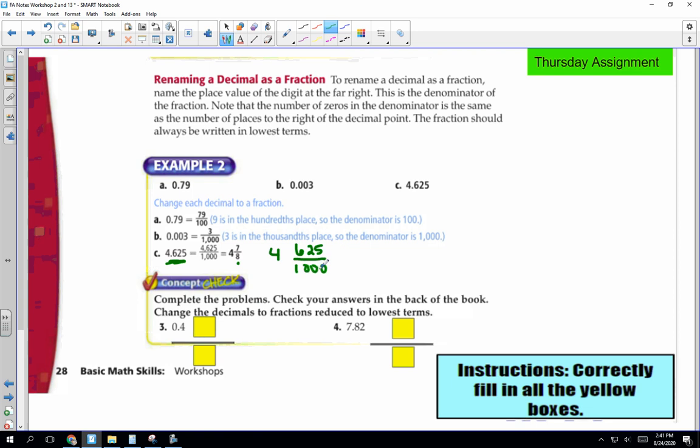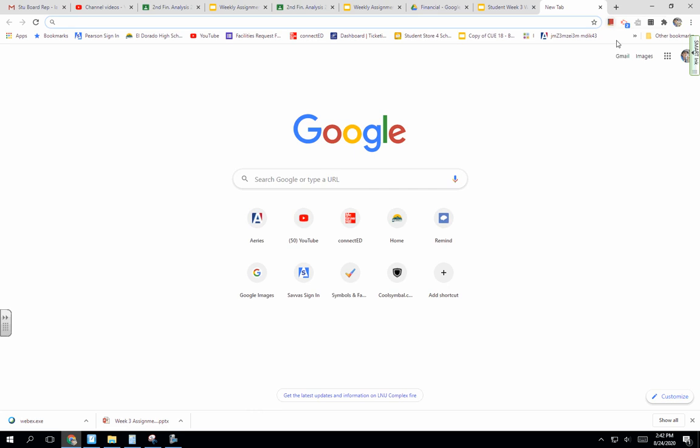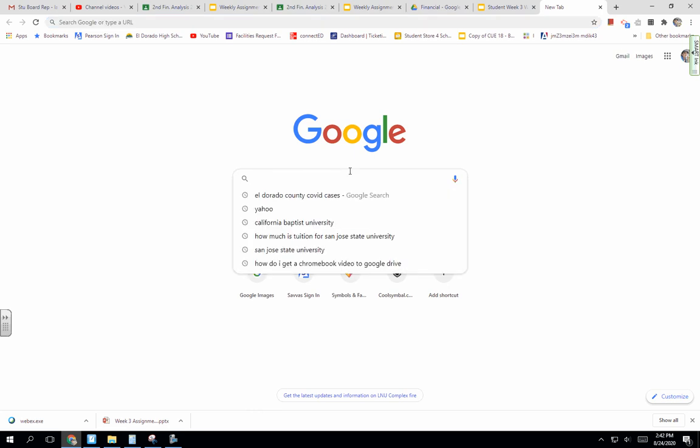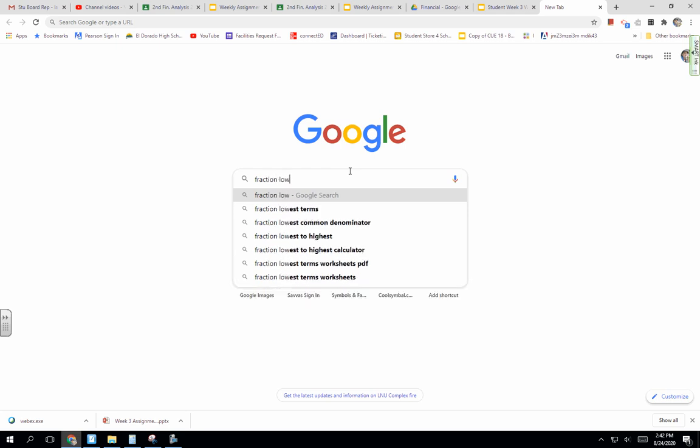Okay, so, you guys, I love online learning, so we're going to go ahead and use this to our benefit. Let me show you how easy it is to search fraction, and we want to get it in lowest terms.